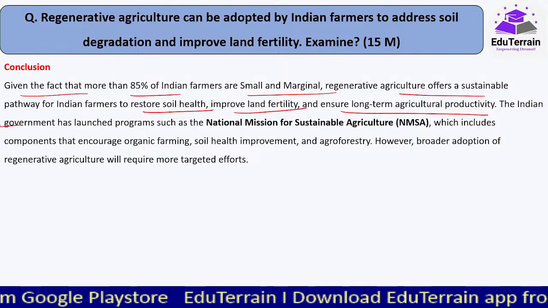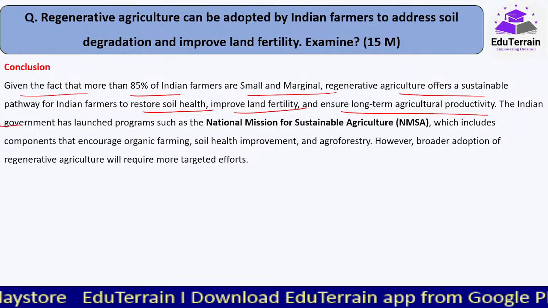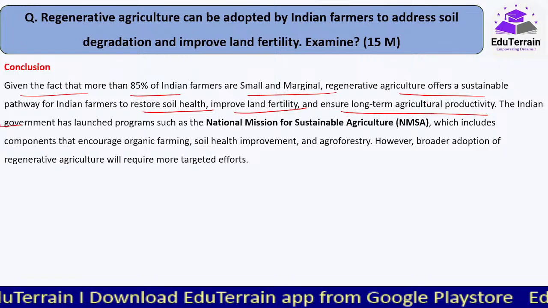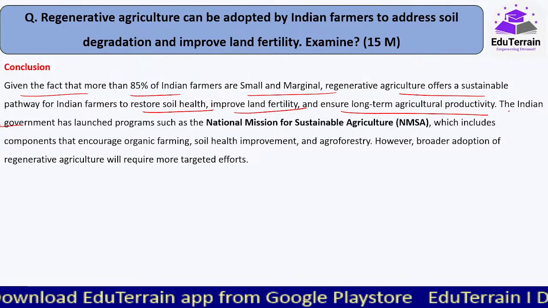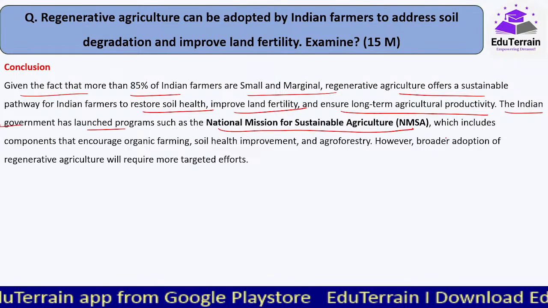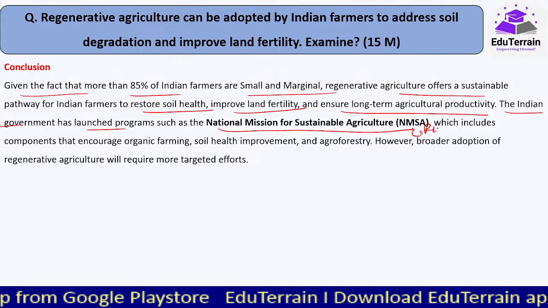Again, it is a little bit of introduction that comes in this. But after that, as I have said earlier also, whenever you are concluding, you have to show what is being done on that front, or you can give your views as well. So here I have highlighted that the Indian government has launched programs such as the National Mission for Sustainable Agriculture. I have not given the full details, which is actually under RKVY.